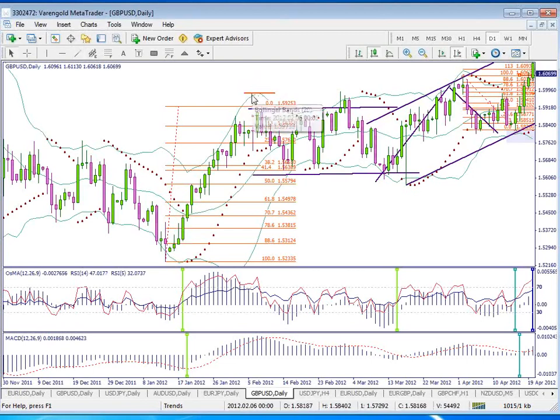So this will be the safe stop loss. Here, a few pips higher than the last high can be the stop loss.